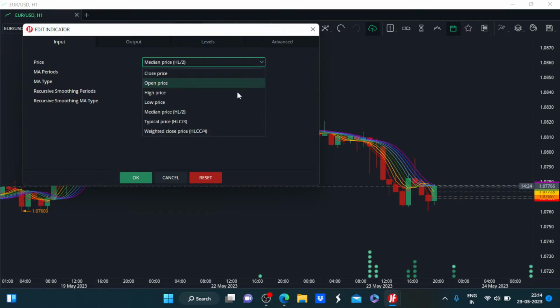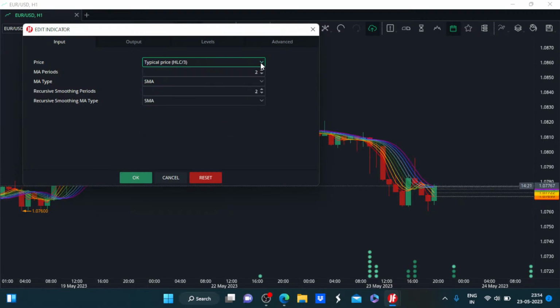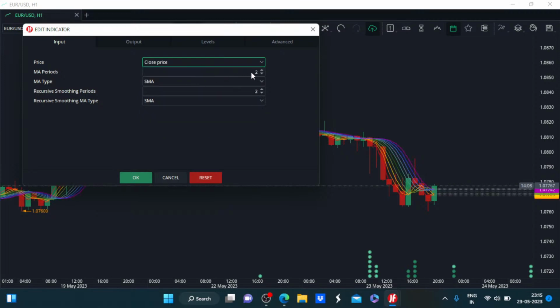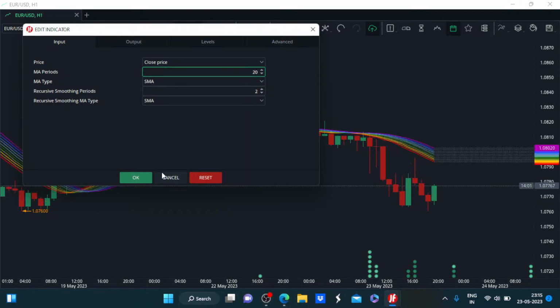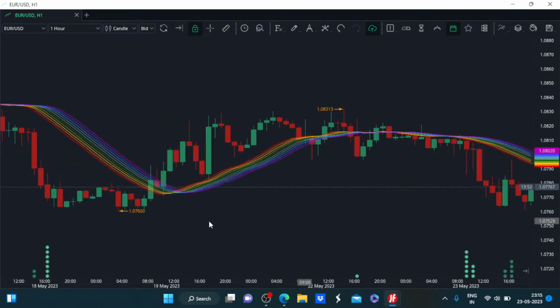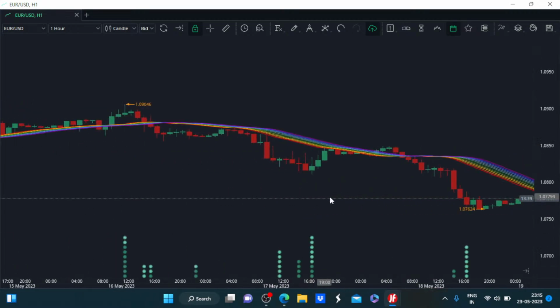Depending on the kind of applied price, you will see slight changes in the plotting of the rainbow chart. And if you notice, the shift is quite clear on the chart. Now I am reverting back and I will use an example. Suppose we go for 20 as our moving average period here, the responsiveness of this indicator is going to be quite less, and then we will have to take this into account and consider how to utilize this indicator.